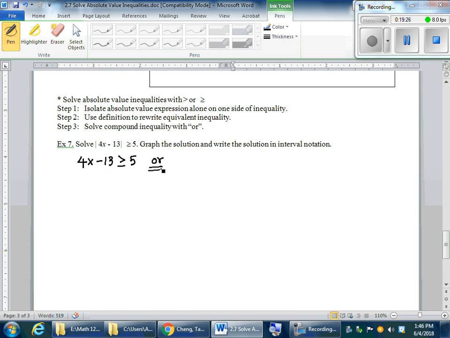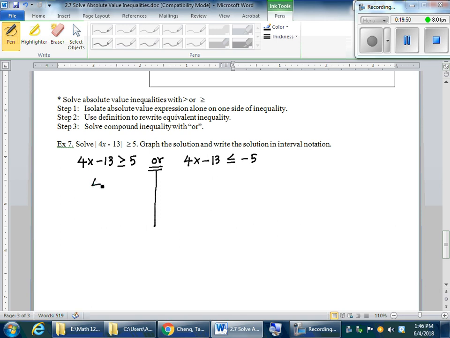And the second part is 4x minus 13 is less than or equal to negative of that number, negative 5. So now we can solve each case. It's very important that you write down the equivalent statement correctly on the first step, otherwise everything is wrong.